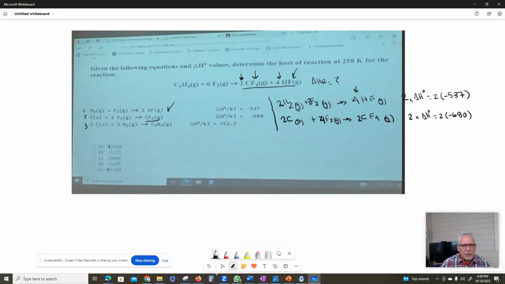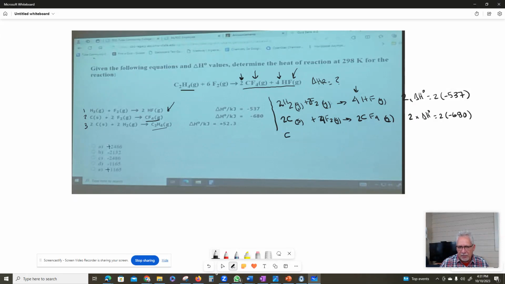Last, we need to check the last reaction. The product of this reaction is the reactant here. So the next thing we need to do is flip the reaction, because I want this organic compound to be on the reactant side and not in the product.